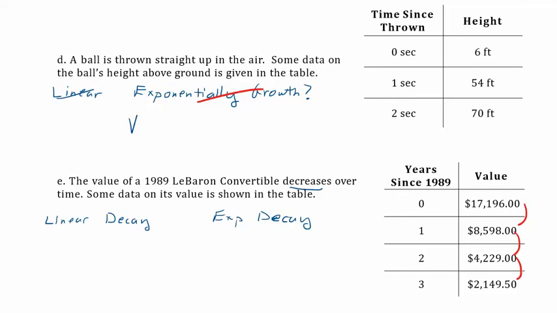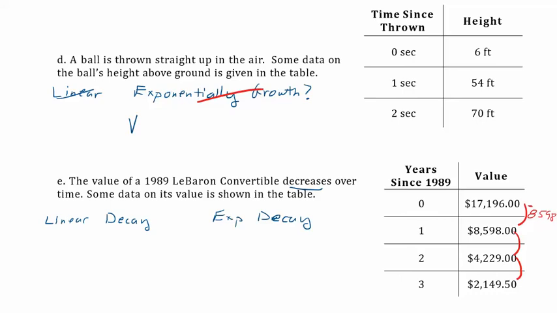So I'm going to take 17,196 minus 8,598. So that went down by 8,598. Okay, let's subtract the next two.